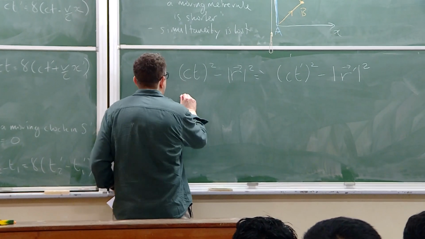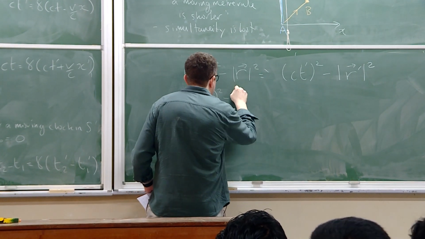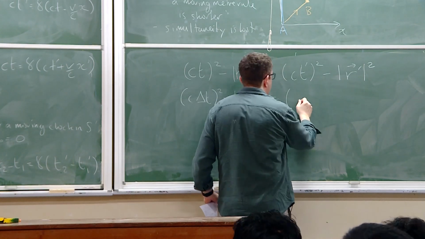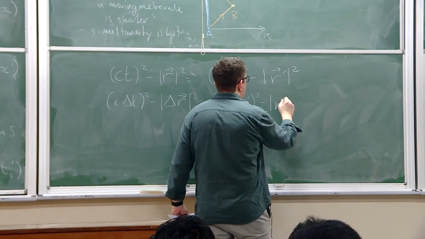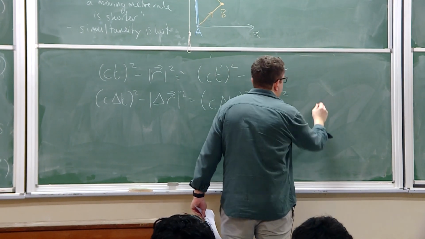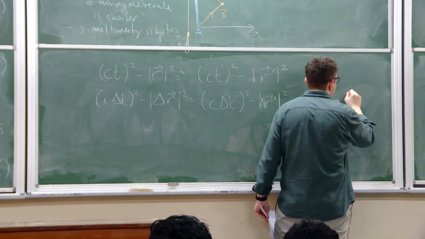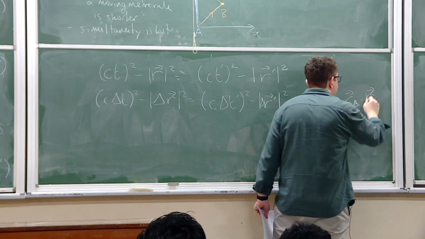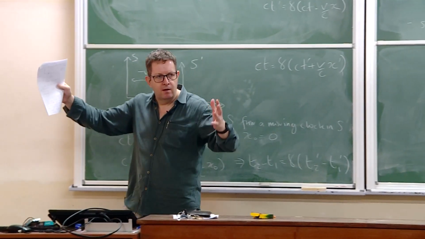So if I look at some delta t squared less delta r squared, this will always be the same in both frames. When I say delta r, I'm just saying from RB to RA, some distance between two things. So this is a sort of length preserving quantity.